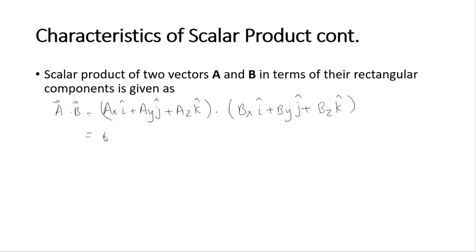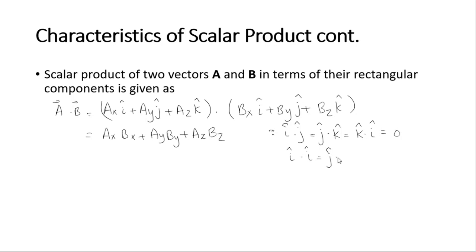So here it will become AxBx plus AyBy plus AzBz. Why? Because i dot j, j dot k, and k dot i equal 0, but i dot i, j dot j, and k dot k give us 1.